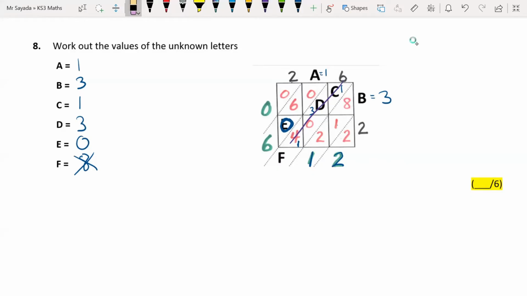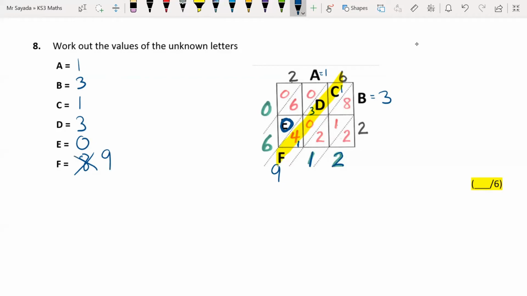Sorry about that. There's an extra 1 in this column here, which means when we add it together, we're actually adding 1 plus 3 plus 0 plus 4 plus 1. And that makes a total of 9, which means F is 9.